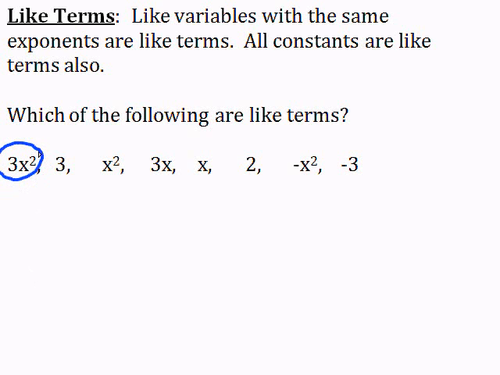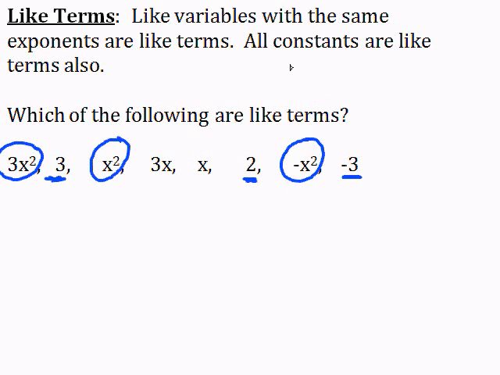3x squared is a like term with x squared is a like term with negative x squared, because they are all the same variable, x, and they all have the same exponent, 2. Additionally, 3 is a like term with 2 is a like term with negative 3, because they are all constants.